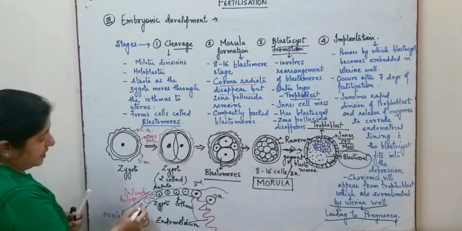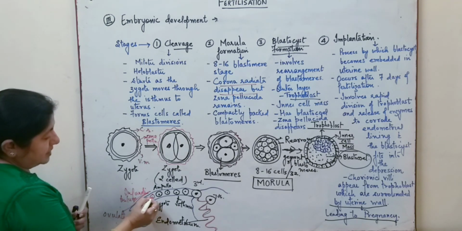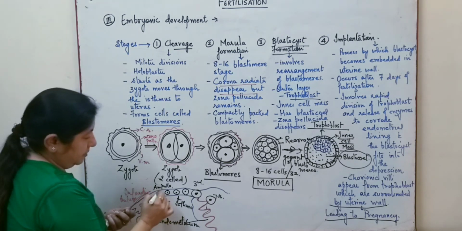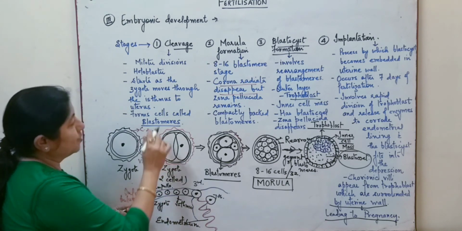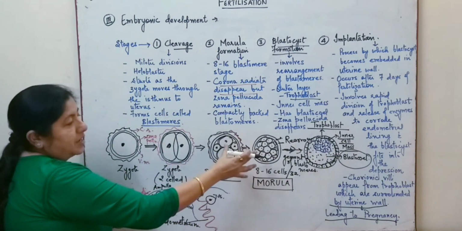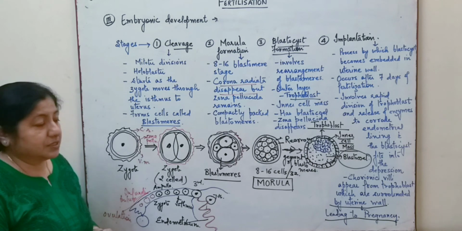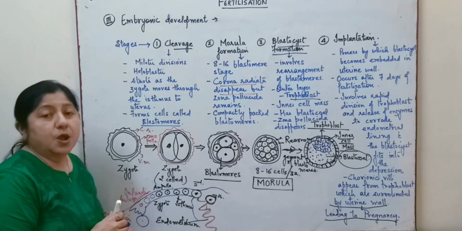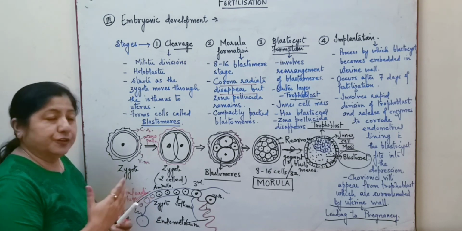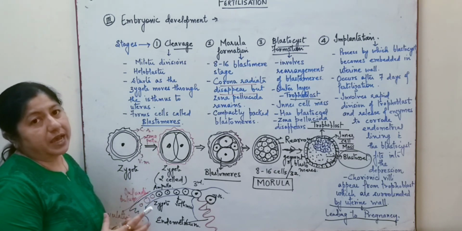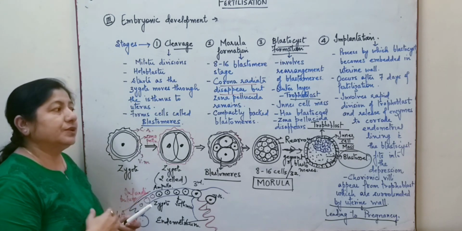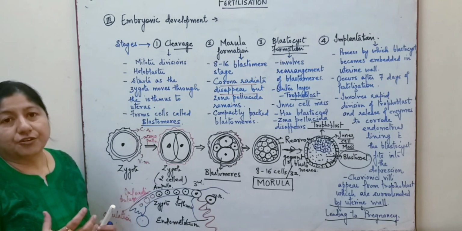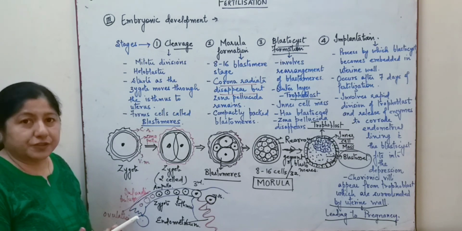The fimbriae will collect the ova which is released, and after the fertilization has happened, the zygote undergoes division and will form the blastocyst, and this blastocyst will finally be implanted within the uterine wall for further development, and that is what is known as pregnancy. In the next video, we'll talk about how the implantation has taken place, the chorionic villi, and later development of the embryo.